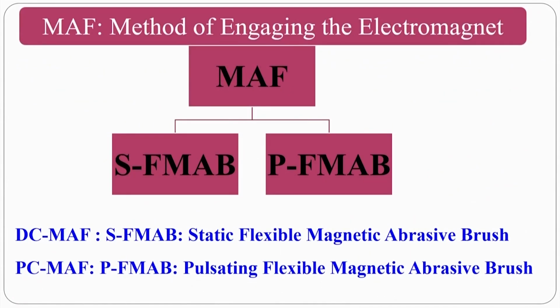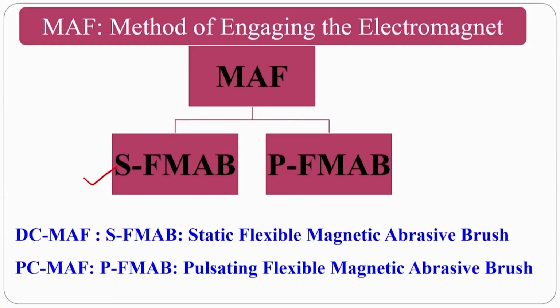In the magnetic abrasive finishing process, you have two varieties of flexible magnetic abrasive brush. One is the static flexible magnetic abrasive brush, and the other one is the pulsating flexible magnetic abrasive brush. In the static flexible abrasive brush, whatever you have seen till now comes under the category of static one, because your DC power supply is constant.